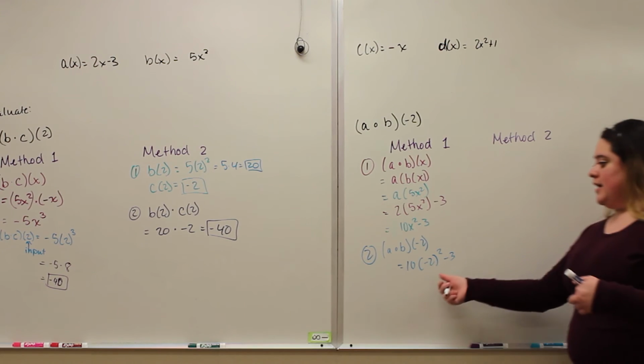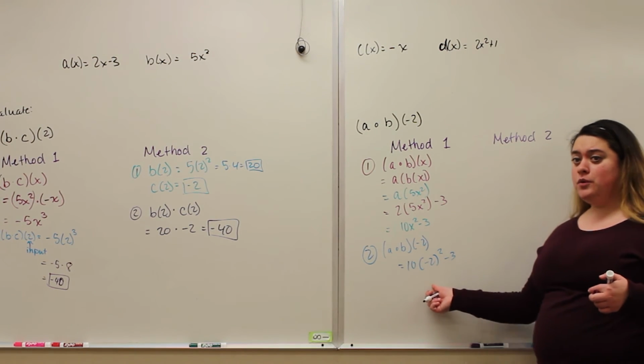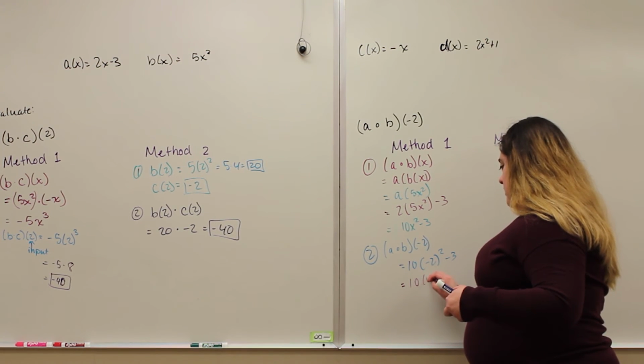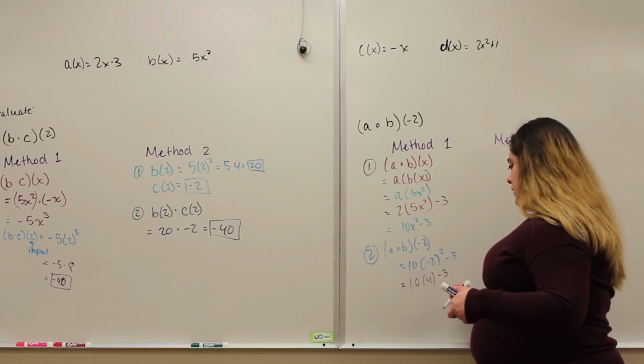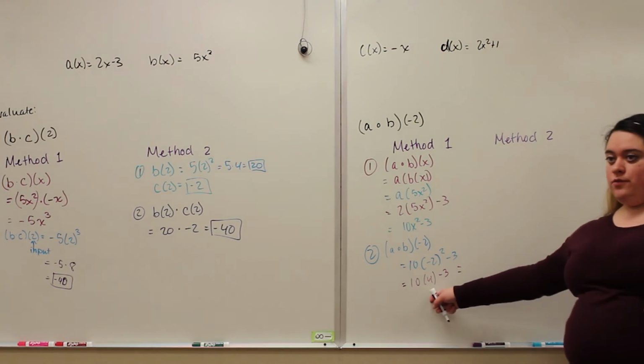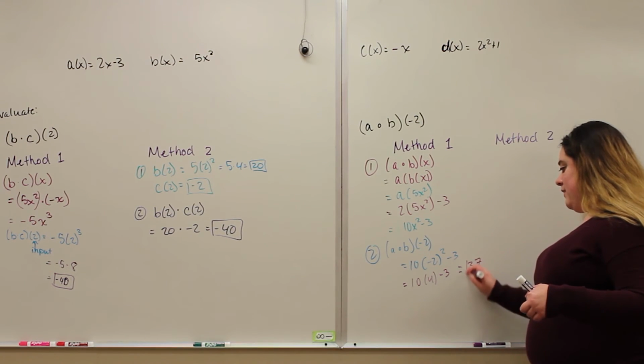Order of operations. Negative 2 squared is the same thing as negative 2 times negative 2. That's 4. So 10 times 4 minus 3. Well, 10 times 4 is 40. 40 minus 3 is 37.